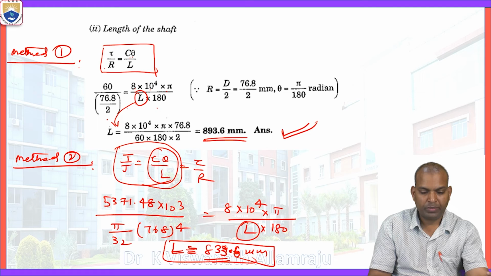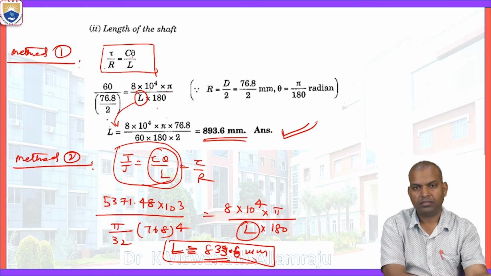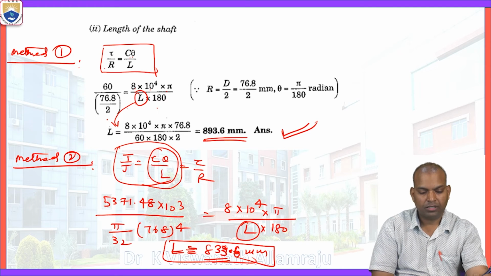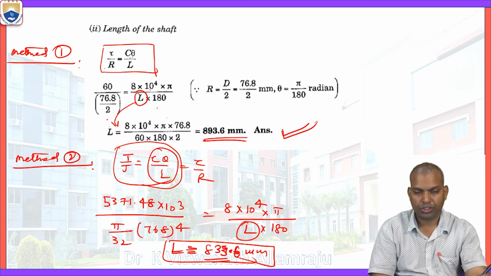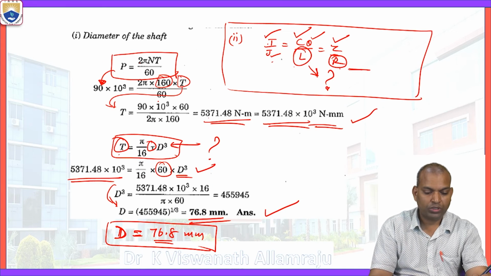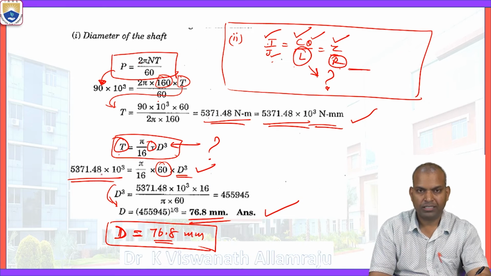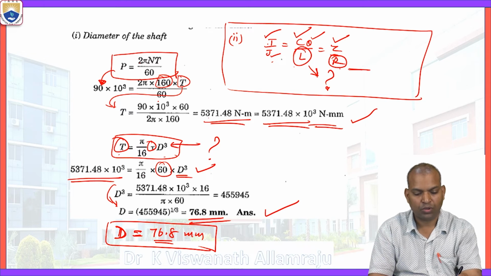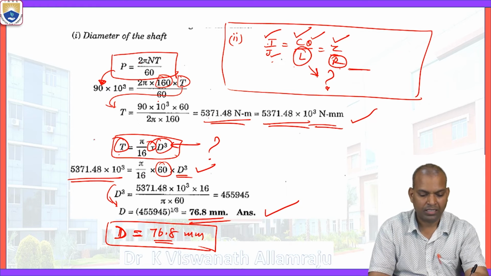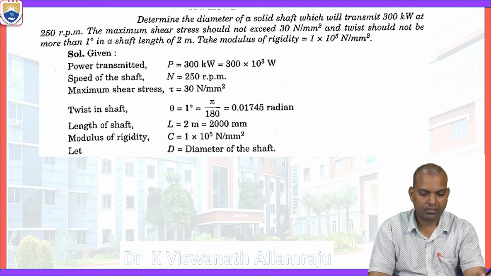So we have studied two methods for calculating the length of the shaft. There is only one way to calculate the diameter here: the twisting moment T equal to pi by 16 times tau d cube, for that d. So these are the calculations.